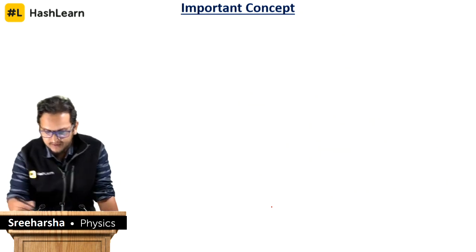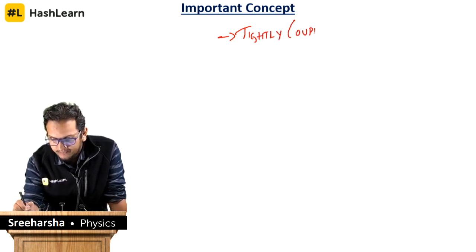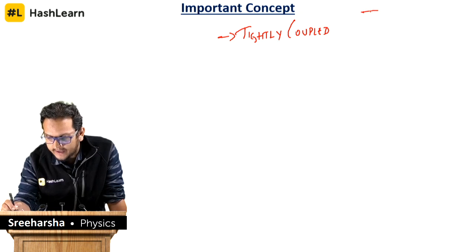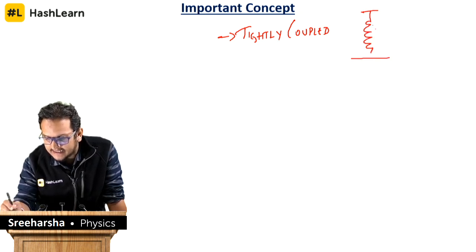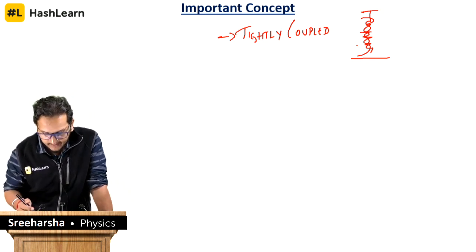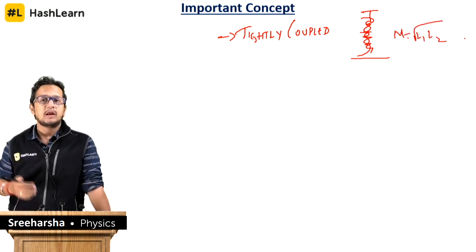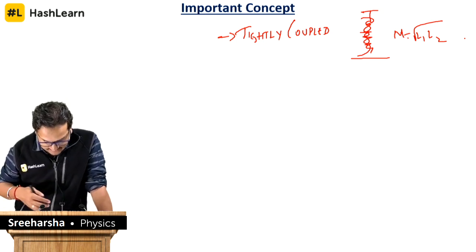If they are tightly coupled, which means one coil is placed like this and the other coil like this, then the mutual inductance is given by root of L1 L2, where L1 and L2 are the self inductances.